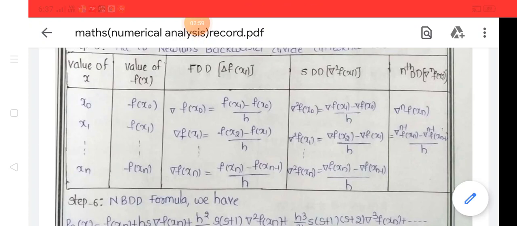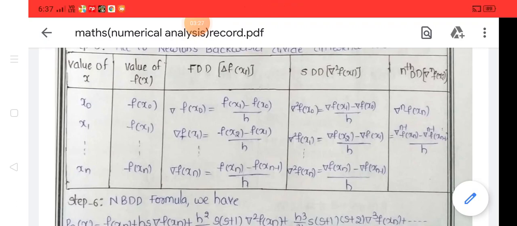Delta f of x0 is equal to f of x1 minus f of x0 by h. Delta f of x1 is equal to f of x2 minus f of x1 by h, and so on. Delta f of xn is equal to f of xn minus f of x_{n-1} by h. Second divided difference: delta square f of x0 equals delta f of x1 minus delta f of x0 by h.